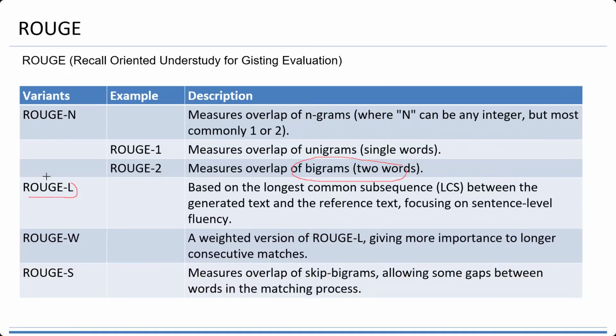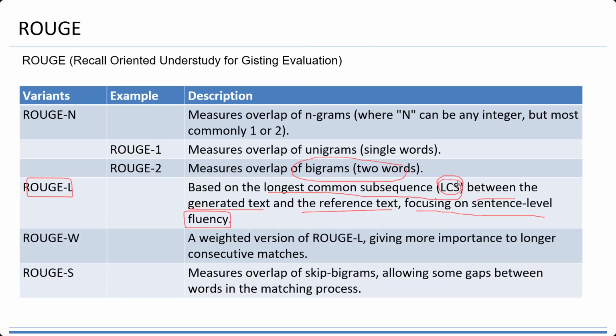The other kind of ROUGE is ROUGE-L. It is based on the longest common subsequence, or LCS, between the generated text and the reference text, focusing on sentence-level fluency. So there's an LCS algorithm.